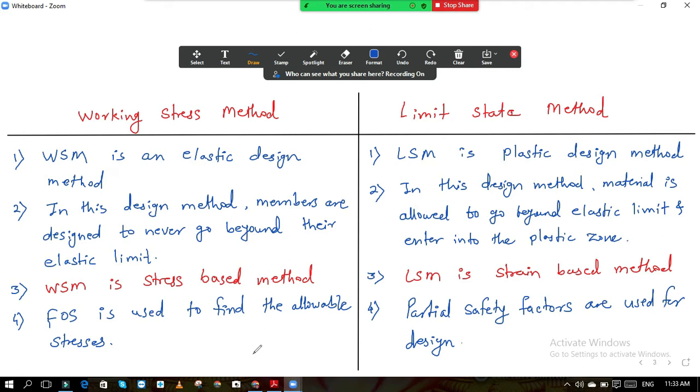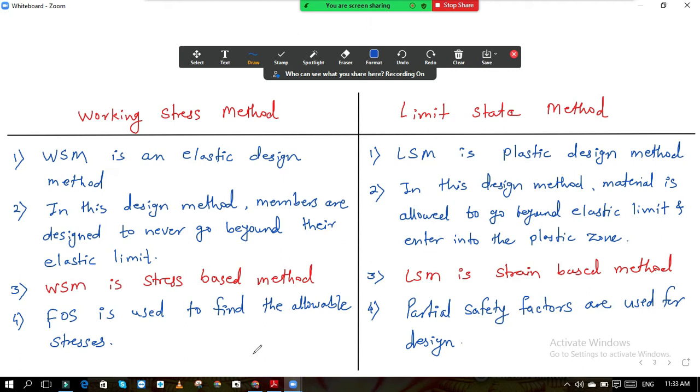In the limit state method, the partial safety factor for concrete is 1.5 and for steel it is 1.15.